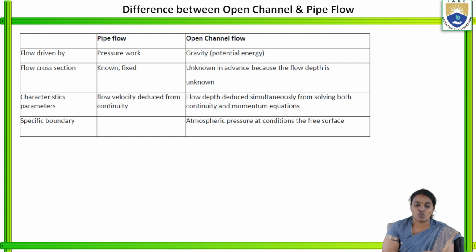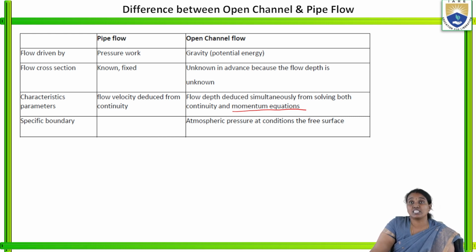Characteristic parameters: in pipe flow, flow velocity is determined from continuity. Coming to open channel flow, flow depth is determined simultaneously by solving both continuity and momentum equations. Here we require momentum equations also. In pipe flow, a specific boundary is not required.